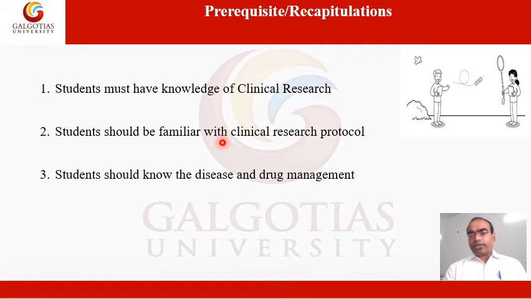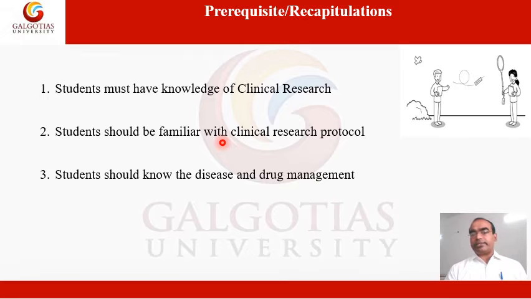So what are the prerequisites if you want to go through clinical data management and learn what exactly a case report form is? Then we must have some basic knowledge of clinical research. We should be familiar with the clinical research protocol, what exactly a protocol is, and how it is developed.